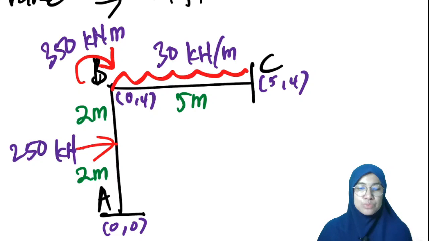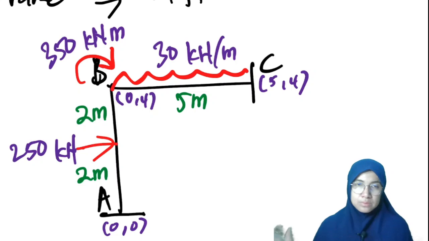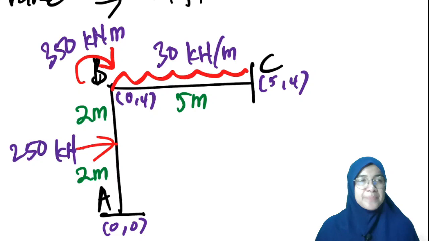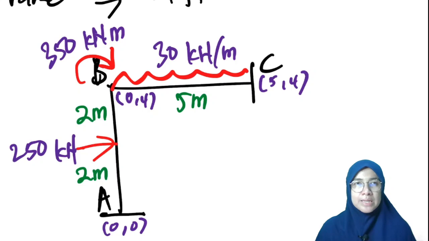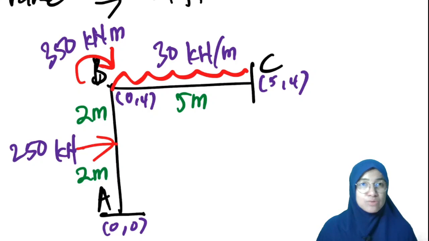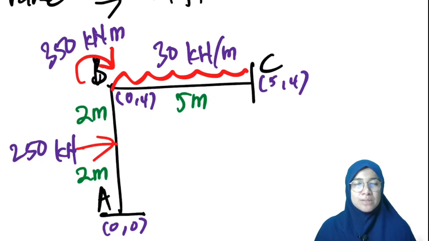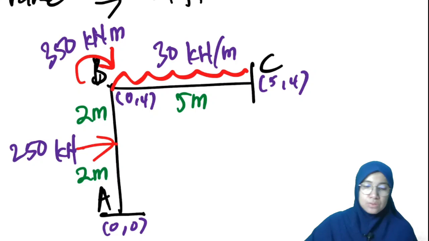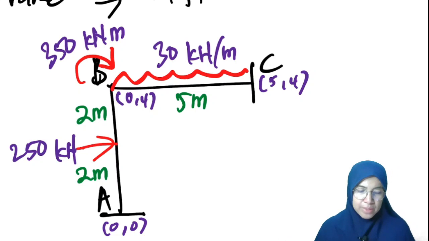To check the number of degrees of freedom in both systems, it is good to base it on the unknown reactions in the system. A and C are fixed, so at A there are 3, at C there are 3, so the total is 6.